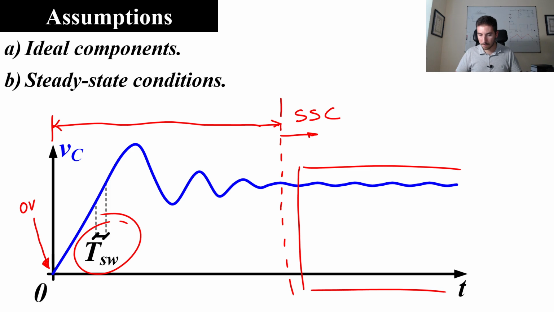Last comment about that: in the following figures, when I put t equal to 0, it doesn't mean that I turn on my DC to DC converter at this point. I will consider that t equal to 0 is already in steady state conditions.